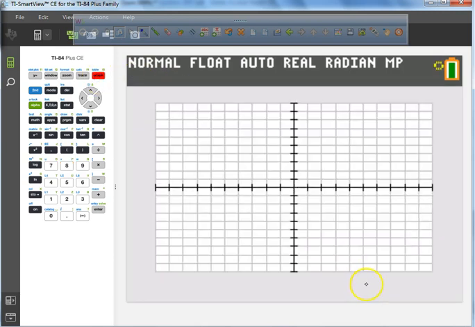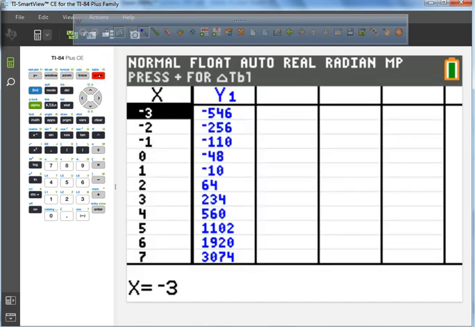Okay. It's a graph. Take a look at it. Wow. I guess I'd have to zoom out even more. All right. By the way, let's check our table real quick. Wow.